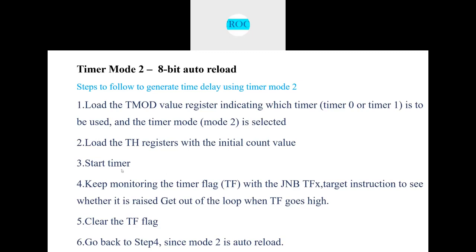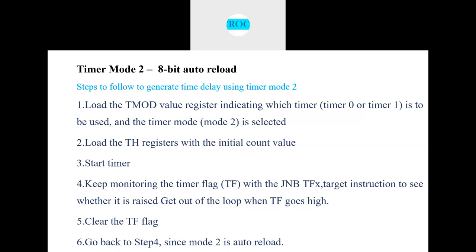When you start the timer, the TL register, the lower byte register, will keep on incrementing until it counts 256 clock cycles. After that number of clock cycles, it will reset and the overflow flag will be set.